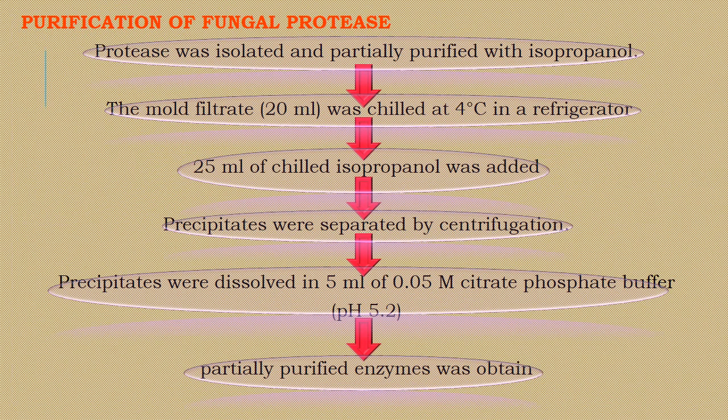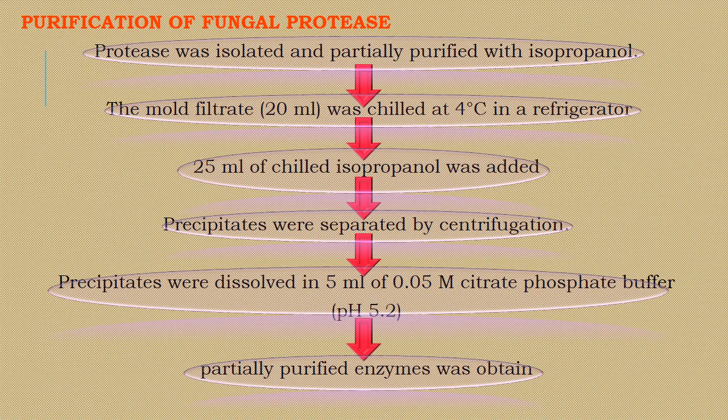Then we move to downstream processing. The protease is isolated and purified with the help of a solvent called isopropanol, and this is further filtered and refrigerated at 4 degrees centigrade. Once the isopropanol has been chilled, isopropanol is added again into the solution so that the precipitation of only our protease will occur.